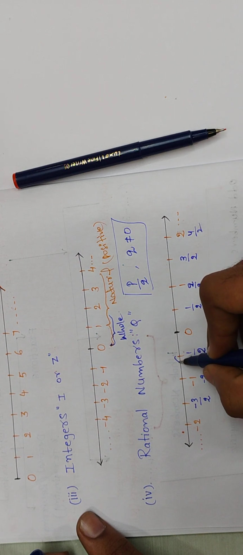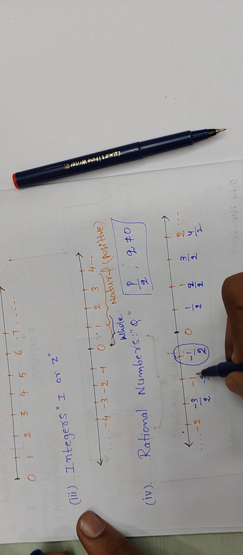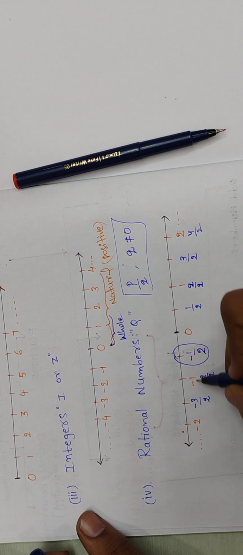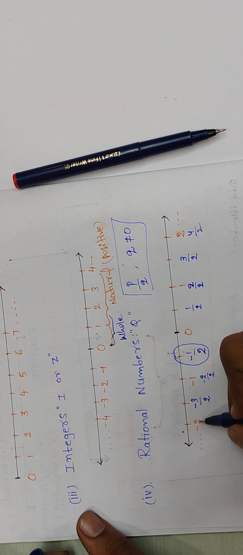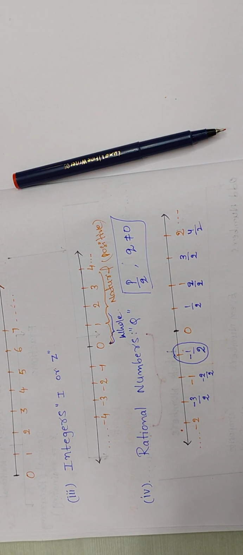Then -1 by 2 is the midpoint between 0 and -1, and -3 by 2 is the midpoint between -1 and -2. These are the rational numbers, the number line representation of real numbers.